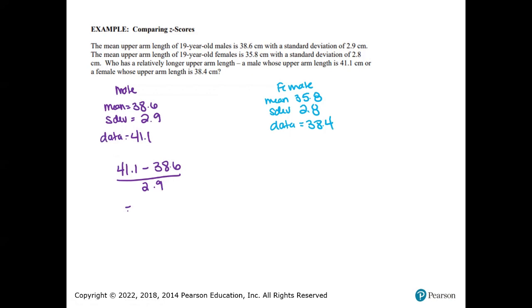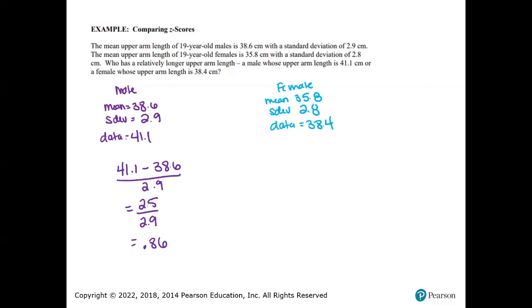You must be careful to do this in 2 steps. You must first take 41.1 minus 38.6 and get that answer. That answer is 2.5. If I divide that by 2.9, my z-score is 0.86.